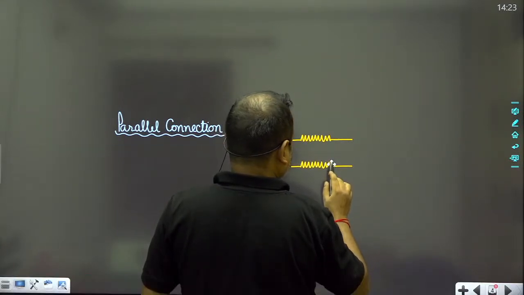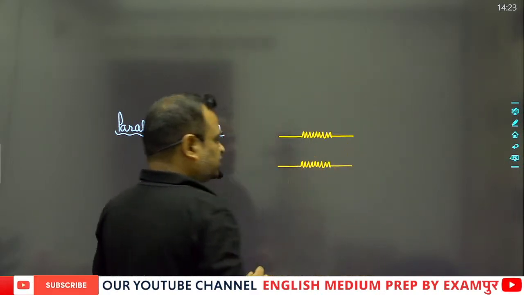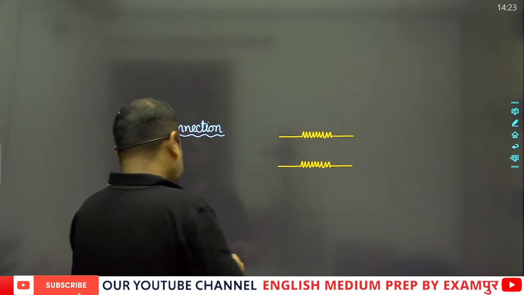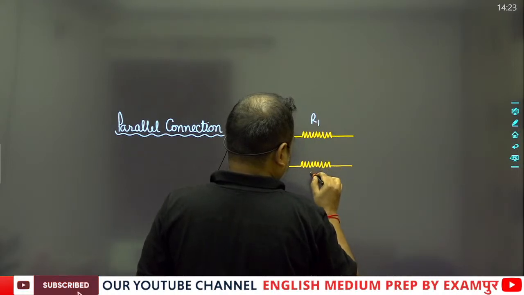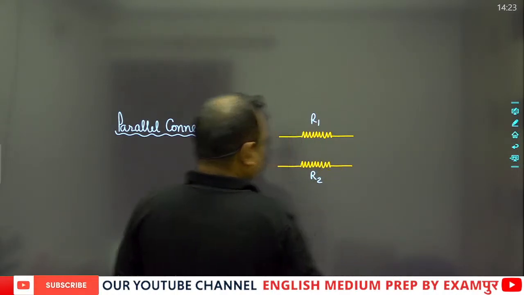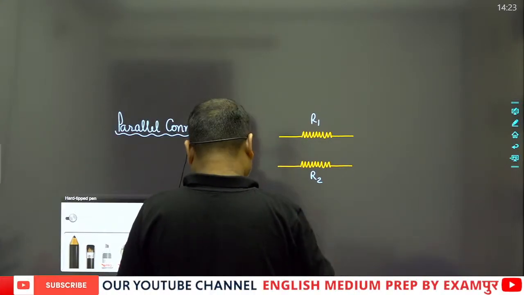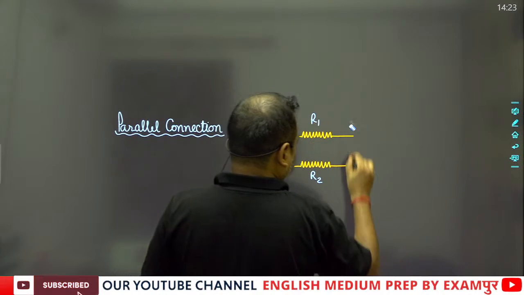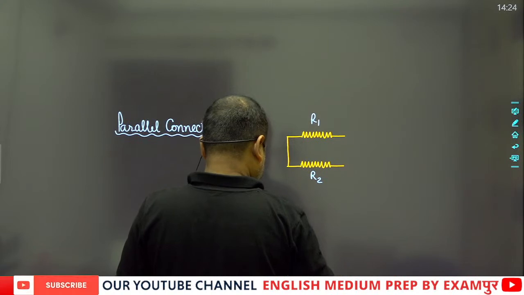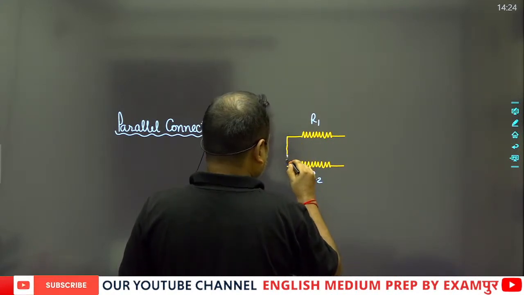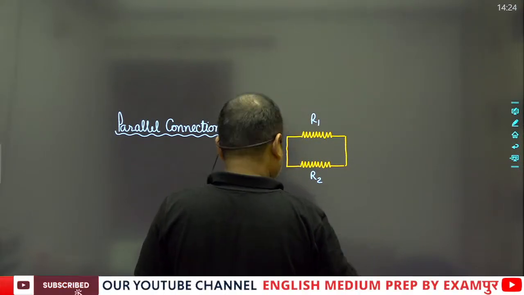Okay, these are two resistances, and these resistances are R1 and R2.